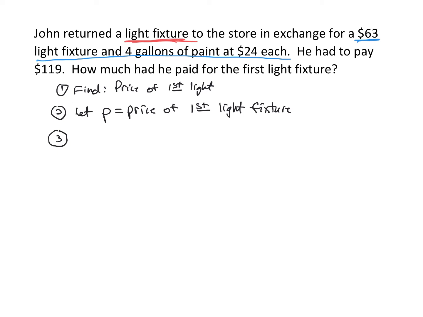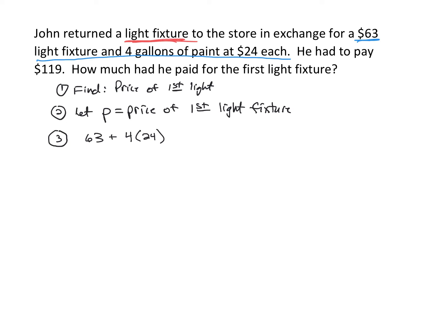So he took this light back, and then he ended up paying $63 plus 4 gallons of paint that are $24 each. So that's 4 times $24. Okay, so that's what he purchased, and he didn't have enough money with just the exchange. He had to pay another $119.